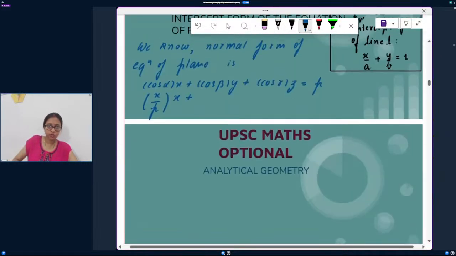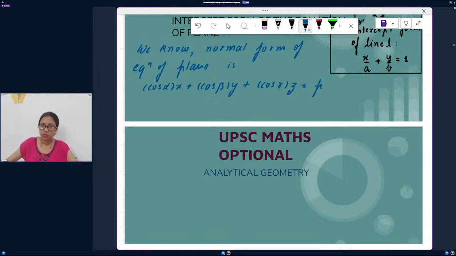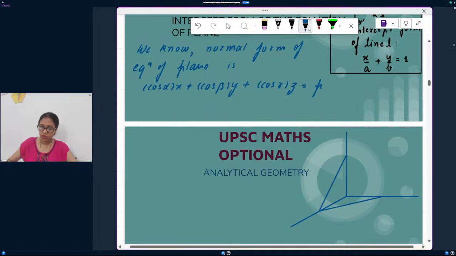Let me redraw the diagram. The diagram this time would be a triangle, and say this is p. Small p is the distance, right? So it is perpendicular. Any line passing through it, so let's consider this line.